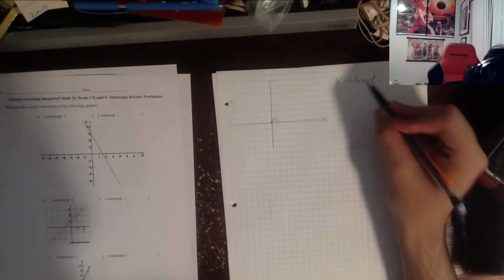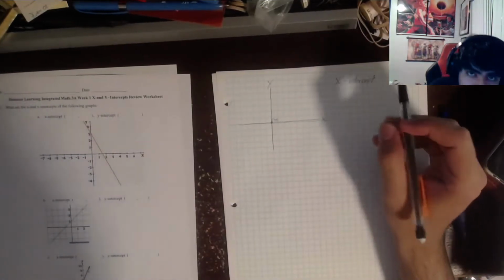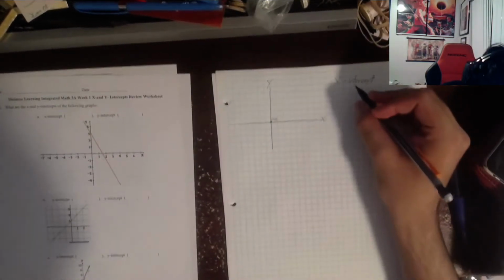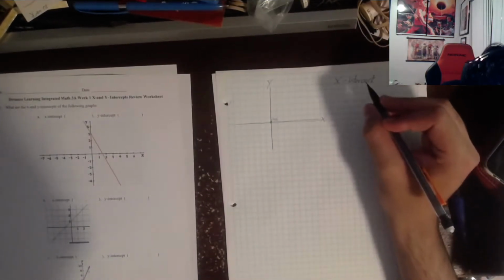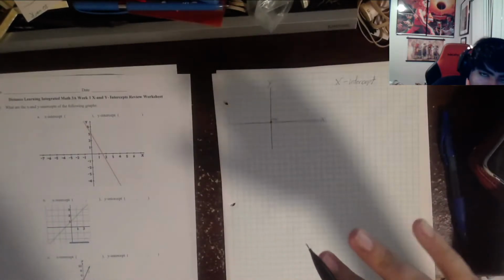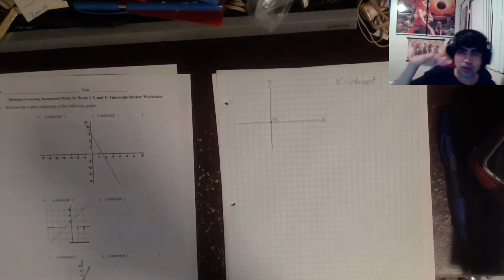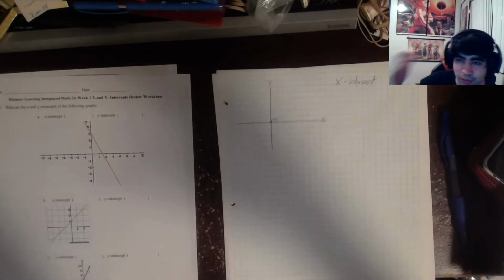Okay, x-intercepts. Where is it on the graph? Well, I kind of already explained it. It's on the x-axis. Now, what does this mean? It means that the y is 0. There is a y value, but it's at 0.